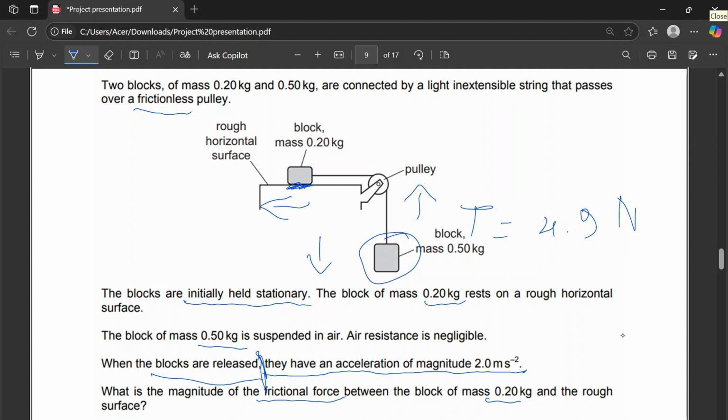So, as we know, if this tension is acting in this direction and the weight is in this direction, this is the same as for this one. Now, also we need to find the frictional force after they are released. So this is the total force we have. Now we need to subtract from it the force after they are released.